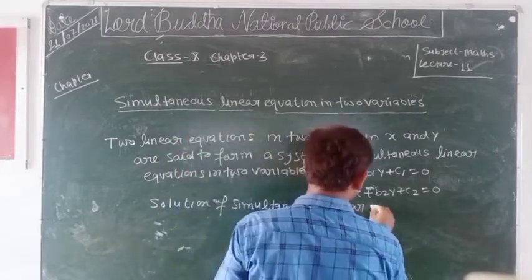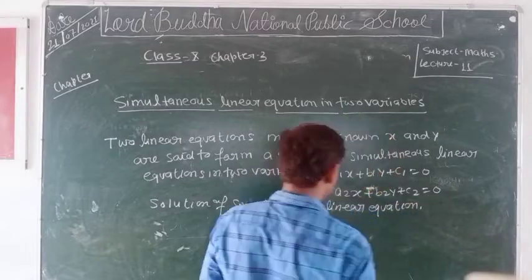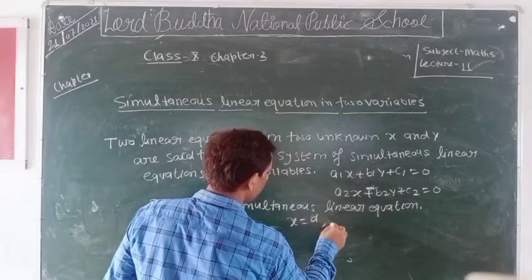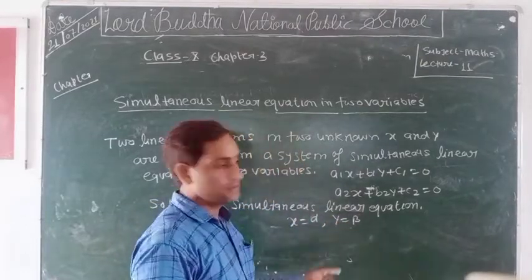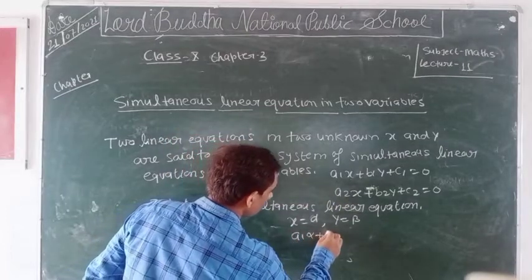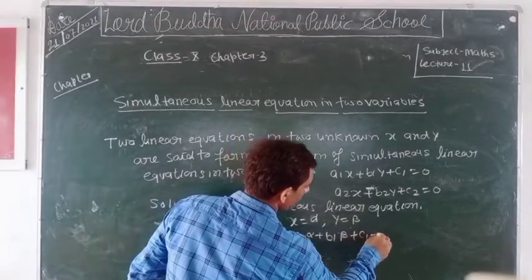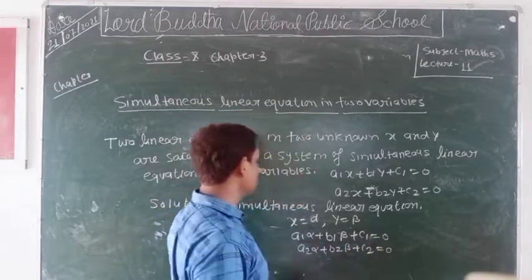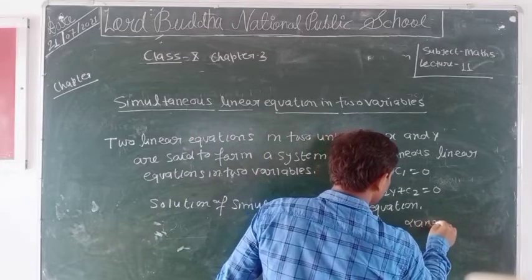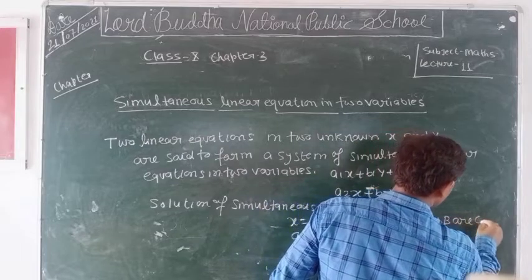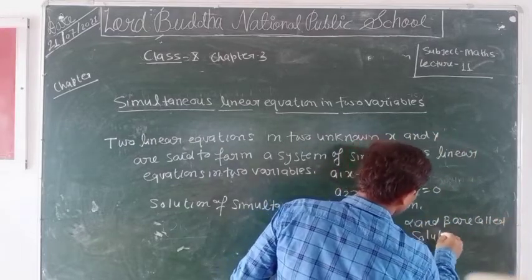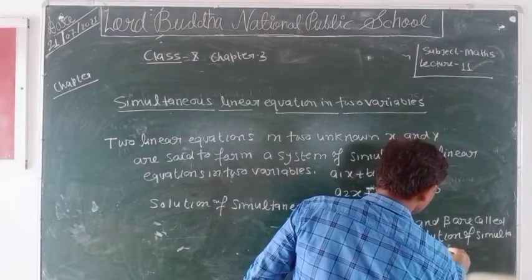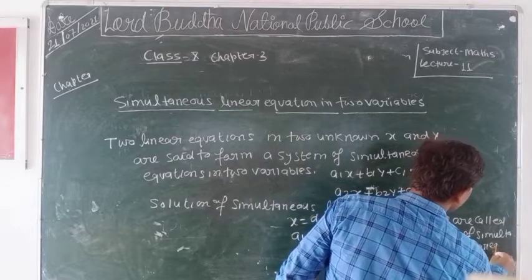If x equal to alpha, y equal to beta are such that they satisfy a1 alpha plus b1 beta plus c1 equal to 0 and a2 alpha plus b2 beta plus c2 equal to 0, then alpha and beta are called the solution of simultaneous linear equation.